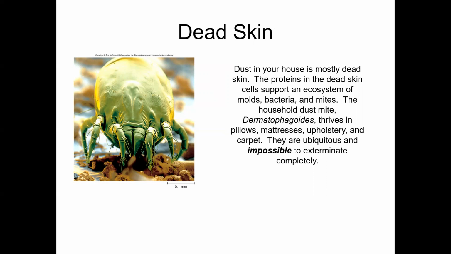It's an arachnid, so it's got 8 legs, like mites do. Dermatophagoides does not have eyes. It doesn't need them. What do you need eyes for? To find food? Well, pretty much everywhere, dead skin. And to find a mate? Well, they're also pretty much everywhere.